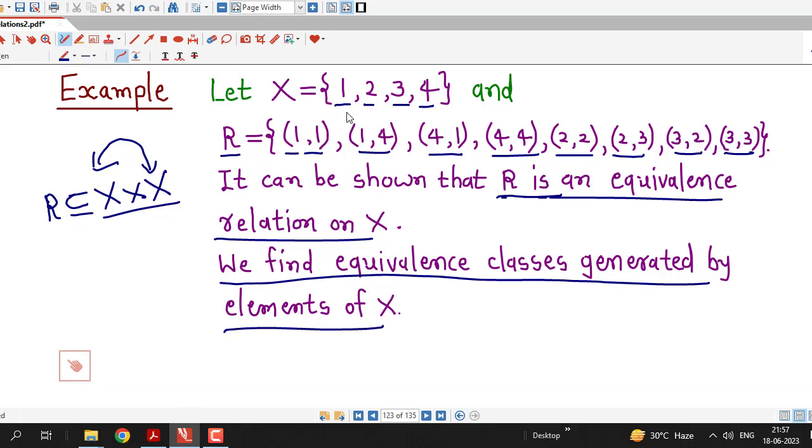So first element is 1. So first we find out equivalence class generated by 1.